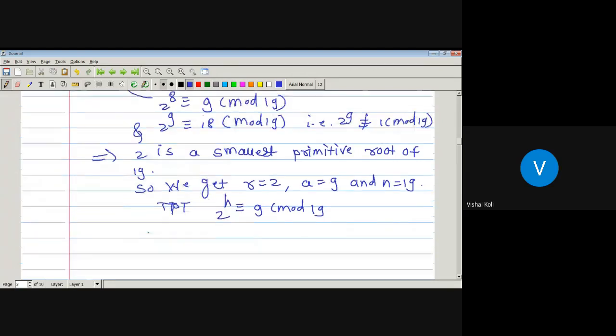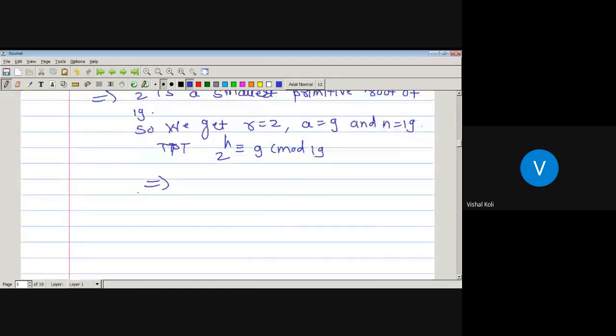Now 2 raised to 4 is congruent to 16, that is minus 3 modulo 19, which implies 2 to the power 8 is congruent to minus 3 square, which is 9 modulo 19.